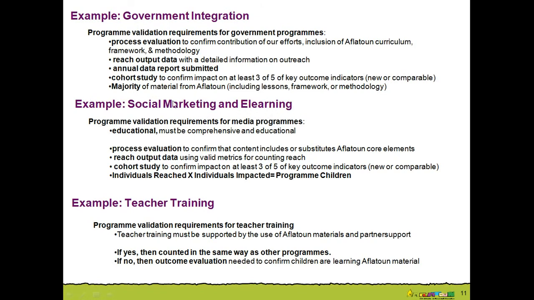If it's social marketing, television and radio, for example, it's more difficult, and you'll see down here the key thing is that we'll do some sort of combination of individuals reached by the mass media multiplied by the number of individuals impacted. This is to help correct, for example, if you have a television show and you have 1 million people watching it, only perhaps 10% of those million are actually listening.